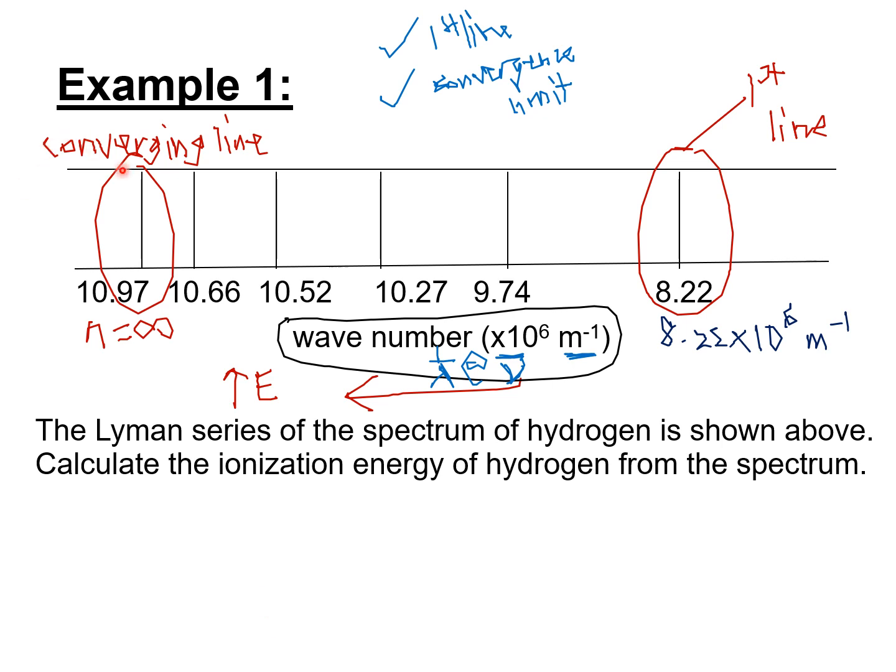Another piece of information is the converging line. The converging line has a wave number of 10.97 times 10 to the power of 6 per meter. So, to find the ionization energy of hydrogen, you can find it through the wavelength of the converging line, or through the frequency of the converging limit.